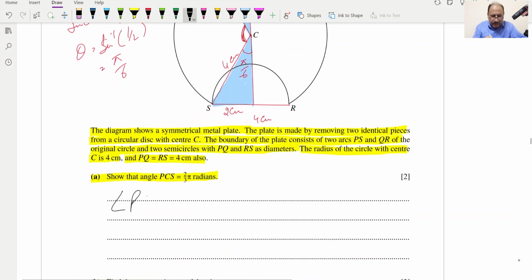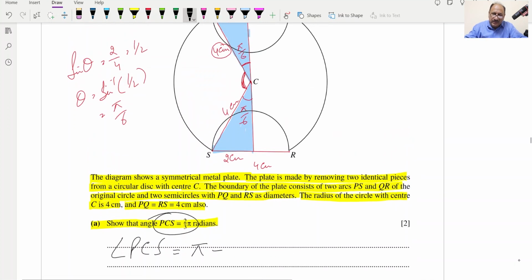Angle PCS, which is required, which we have to prove, is equal to 2 by 3 pi, and this is equal to the total angle of a straight line, pi, minus we are removing these two angles, pi by 6 and pi by 6, which I have shown by the triangle.